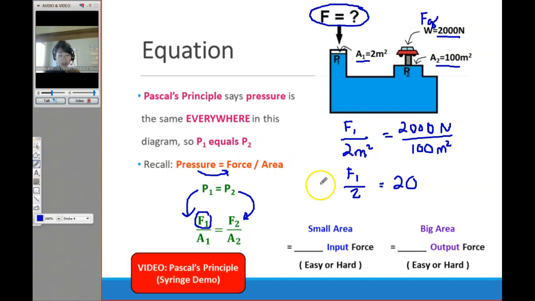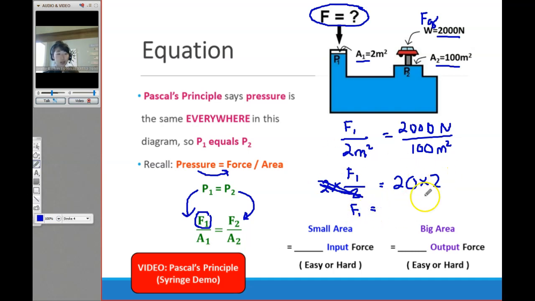We need to multiply by 2. But whatever we do to one side, we also absolutely have to do to the other side. On this side, the opposite function cancels out, so we're just left with our force, F1, which is exactly what we wanted.